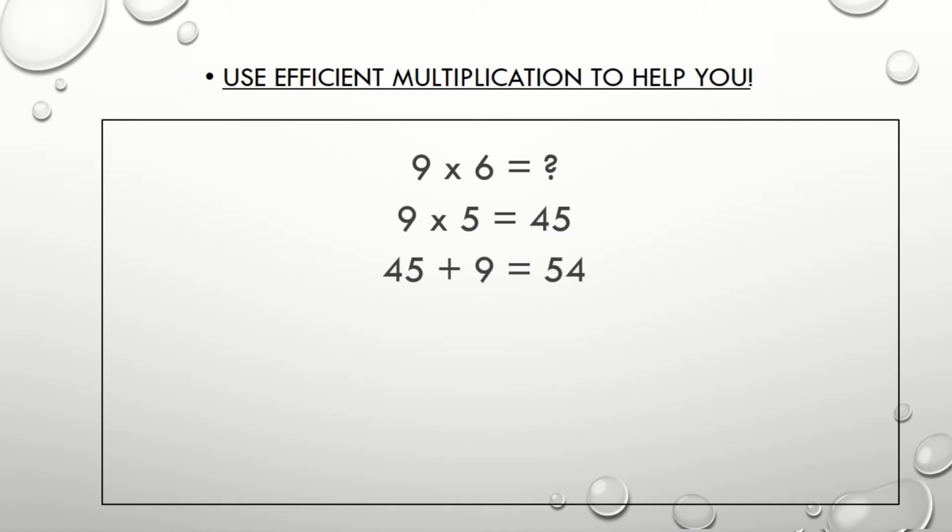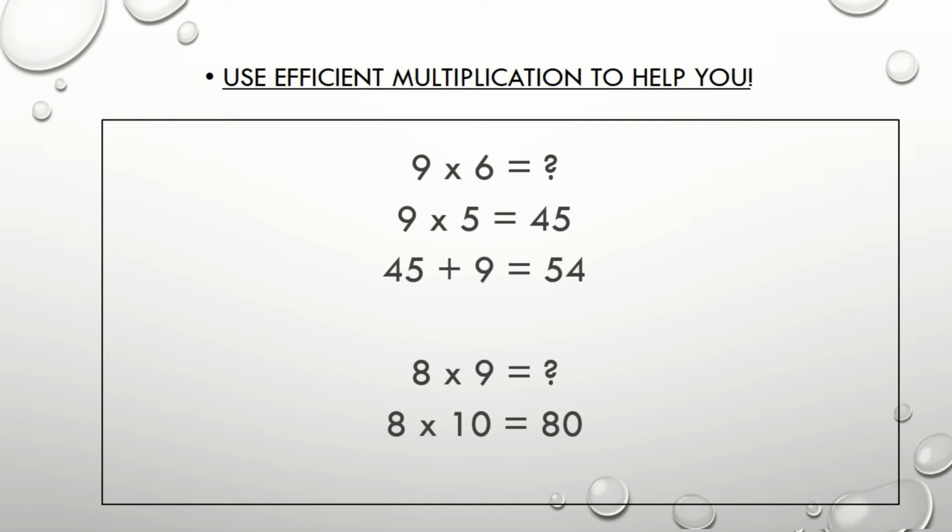These are called the near multiples. These are the ones that are the easiest to do. Again, 8 times 9. Well, I don't know my 8s and I don't know my 9s as well. Am I going to start counting in my 8s? No. Am I going to start counting in my 9s? No. What's close to times 9? Times 10.